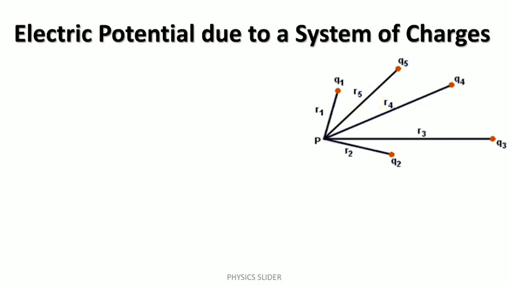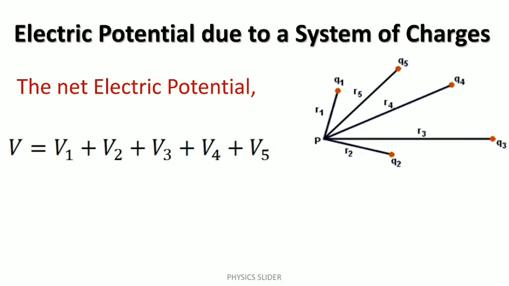So the electric potential for the system of charges will be the algebraic sum of the potentials due to these charges. So the net electric potential will be V is equal to V1 plus V2 plus V3 plus V4 plus V5. And if there are more than 5 charges, then we will add them up.